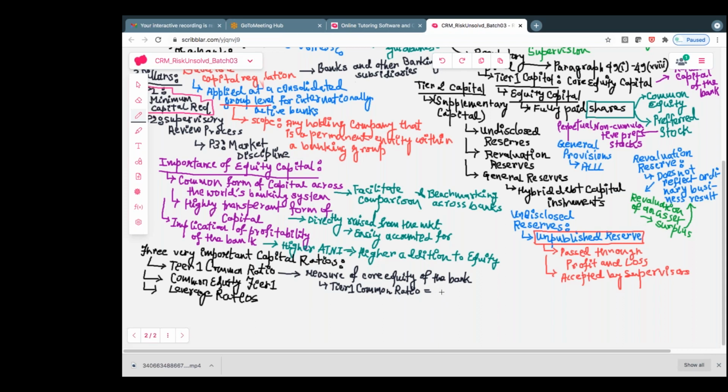When I talk about the tier one common ratio, this is the common equity in the tier one capital.